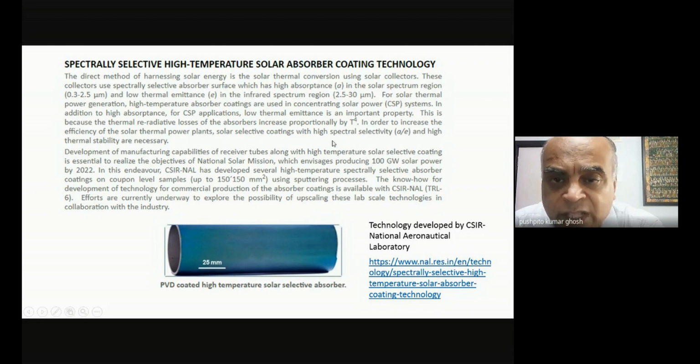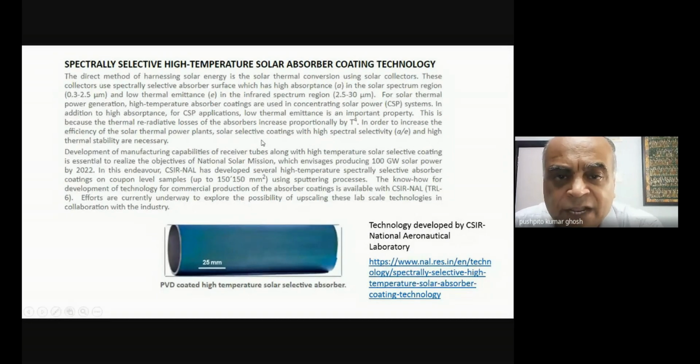The only thing is that it is also proportional to this term, emittance. So if the emittance term is low, then my total re-radiation will be equal to emittance multiplied by T to the power 4, and the idea should be to make this thermal emittance as close to zero as possible, and maximize the alpha.